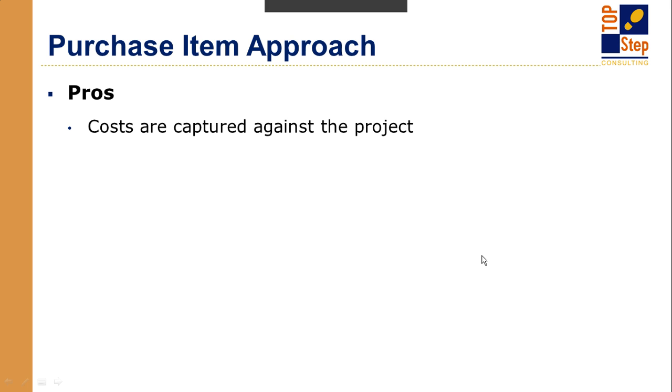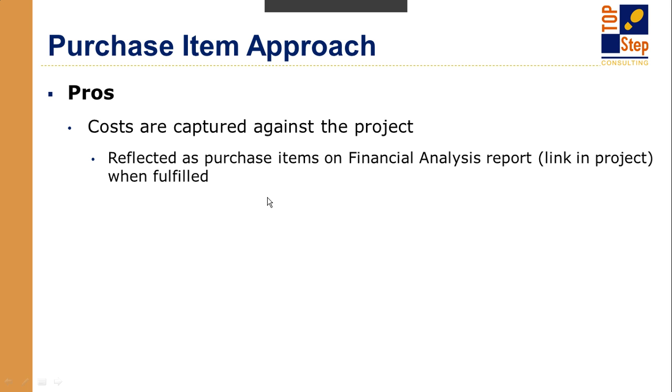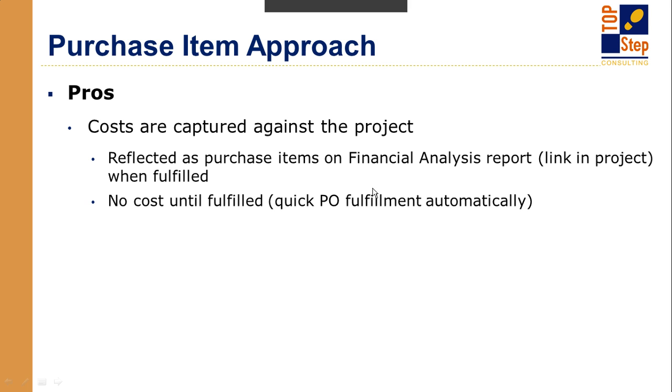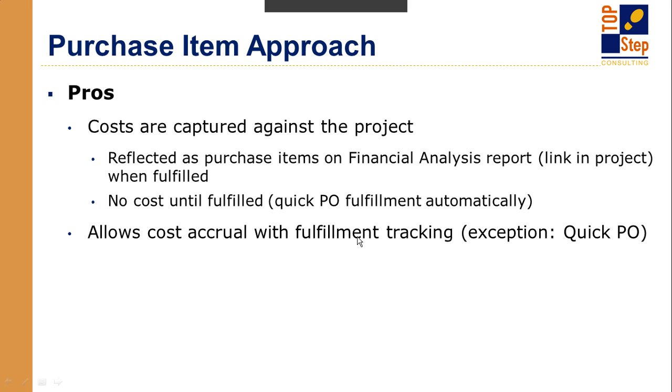Pros of this approach: you still get the cost captured against the project, and it reflects as purchase items on the financial analysis report as well as other reports when it's fulfilled. Instead of expenses, as with the previous approach, it'll show up as purchase items. There's no cost until it's fulfilled unless you use a quick PO, which is fulfilled automatically. So it does allow cost accrual with the fulfillment tracking.